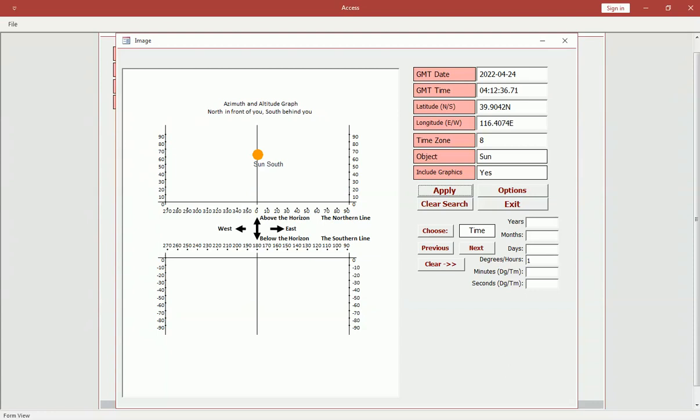Now, as we said that the altitude needs to be viewed as a circle, also the azimuth is actually a circle at the ground. So originally we are at 0. When we look at the graph, we are at 0 facing north, looking at north. This is why it's mentioned here, north in front of you, south behind you. Now, after turning 90 degrees, you are facing east.